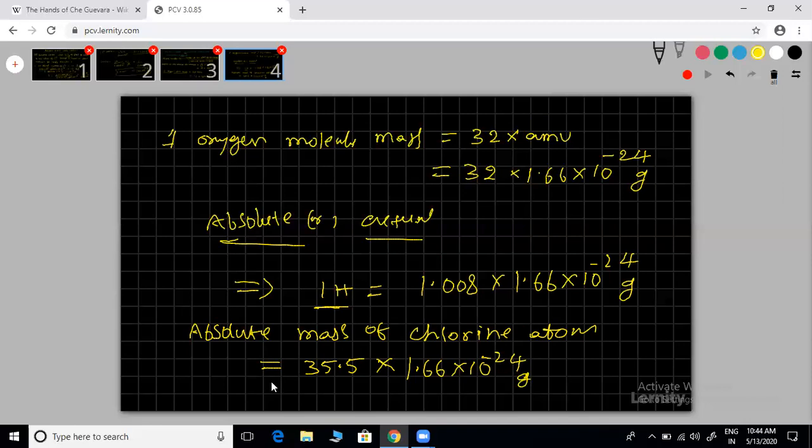In examinations, they will give the value after multiplying, which is approximately 58.8 into 10 power minus 24 grams. This is the exact or absolute mass of one chlorine atom. These masses we can't see, they are not in the visible range. Clear?